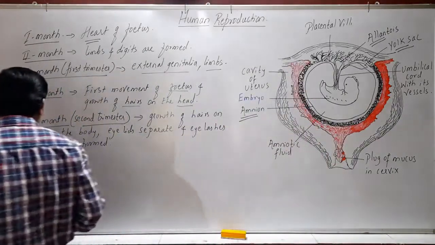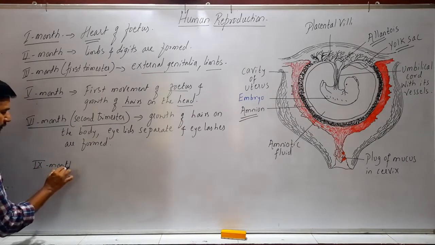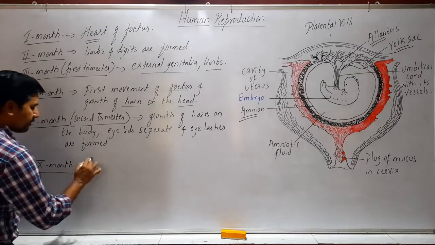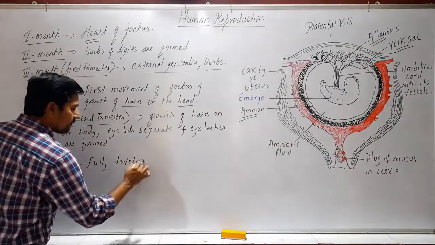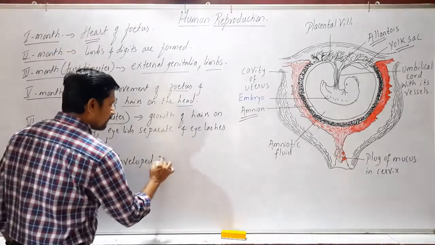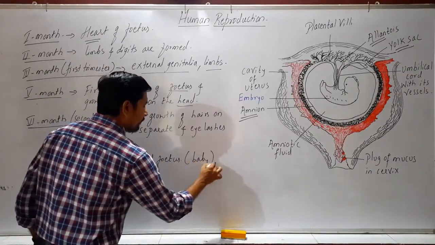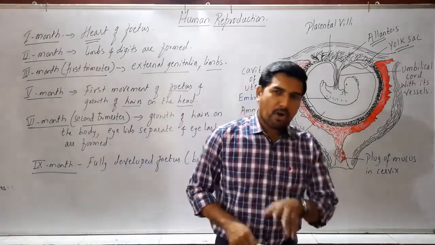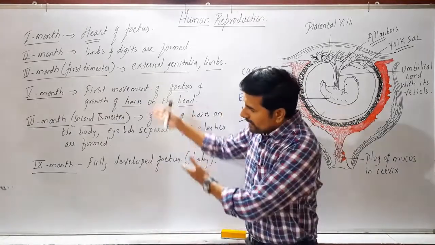Then the process goes on continuing, and in the 9th month of pregnancy, a fully developed fetus, which we call a baby. Now the organ growth and formation continues through the rest of the months.